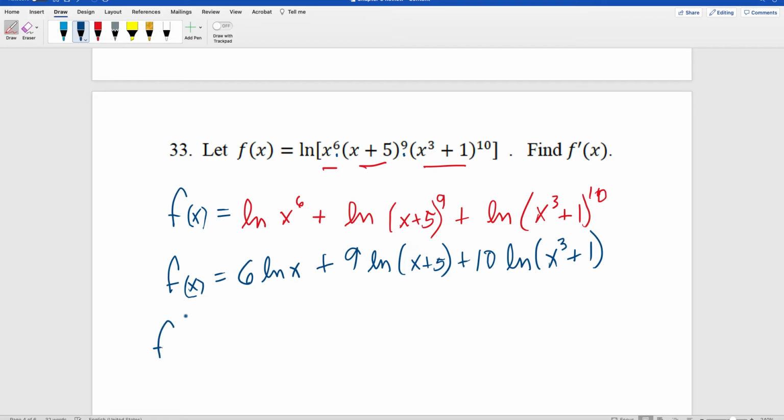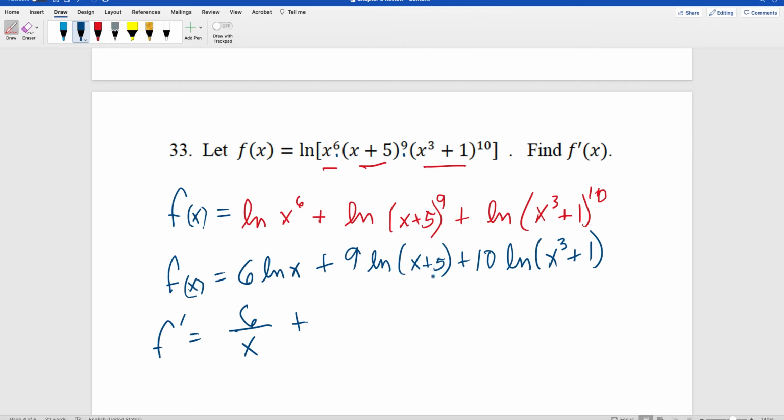Let's take its derivative. So the derivative of 6 natural log of x is 1 over x. So the 6 is in the numerator, so we could just write that as 6 over x. Or you could do 6 times 1 over x, whatever works best for you so that you could see that's just the derivative of natural log of x. This one we're going to have 9.